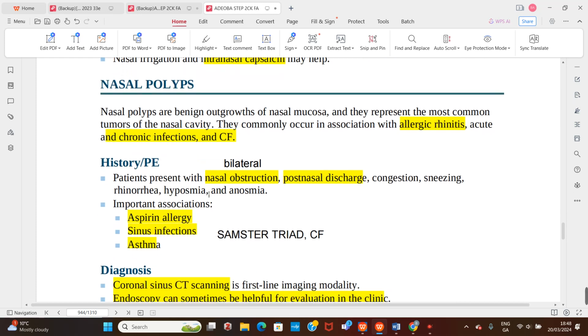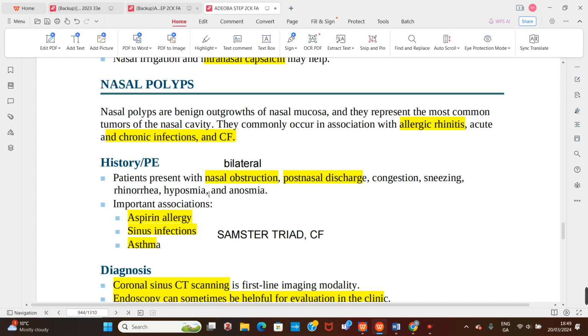So nasal polyps. Nasal polyps are just benign, hard growths of the nasal mucosa. That's the most common tumor of the nasal cavity. You just have to remember three major conditions when you see nasal polyps: chronic rhinitis, allergic rhinitis, and cystic fibrosis. Very, very important.